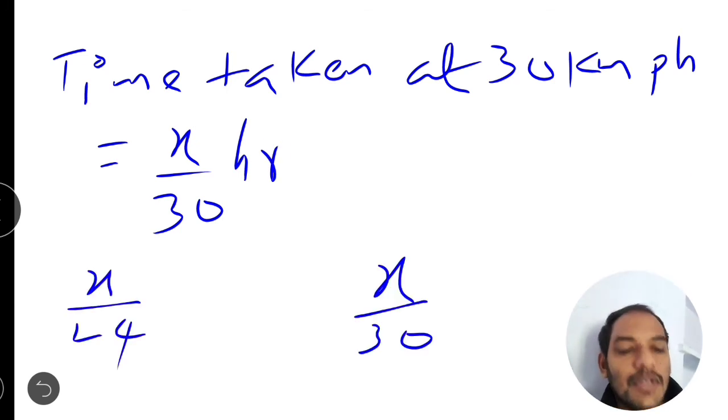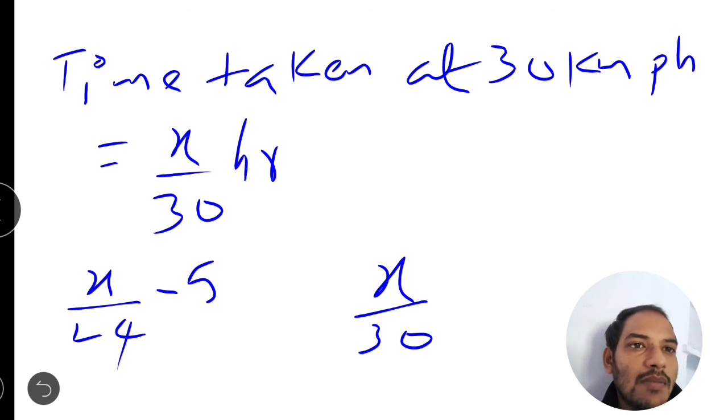As per the question, he reached the destination 5 minutes late when he traveled at 24 km/h. So x by 24 is actually the time to reach the destination. But what happened here? At the rate of 24 kmph, he reached the destination 5 minutes late. So let's remove the 5 minutes late time.